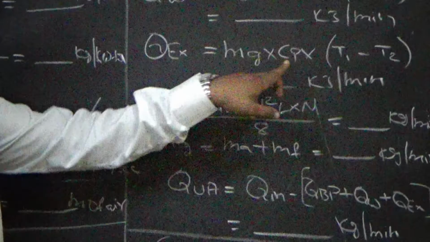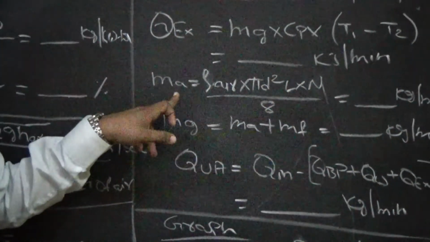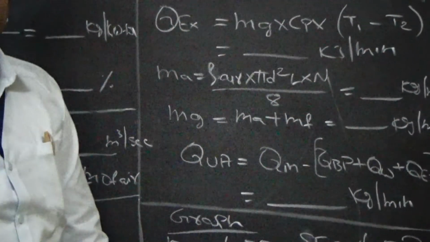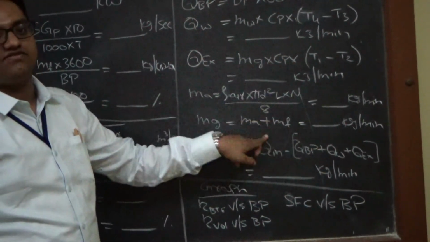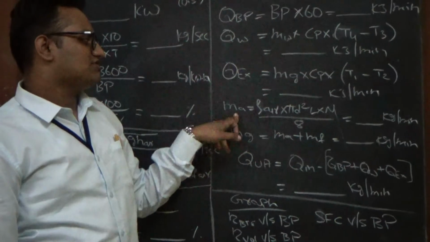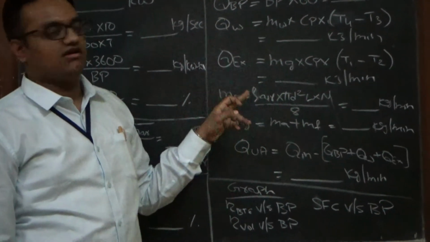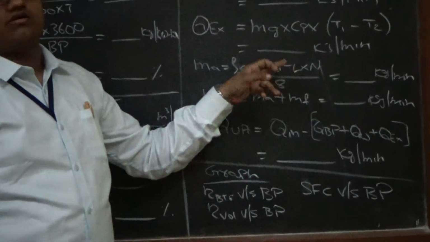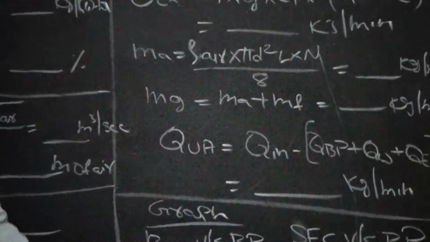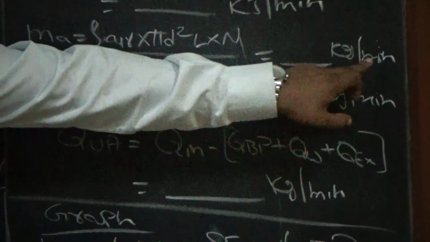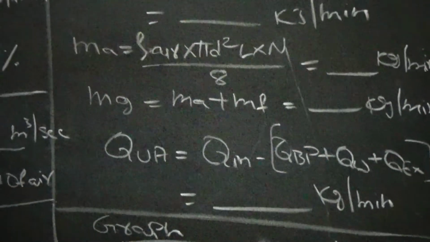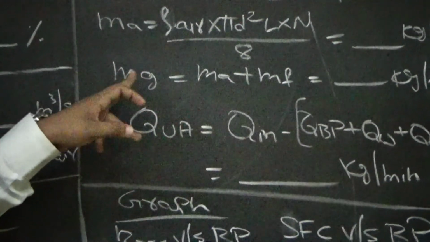Cp of air is very well known to us, whereas mass of gas is to be calculated. Mass of gas is mass of air plus mass of fuel. Mass of air can be calculated using rho pi d square L into N by 8. This will be in kg per minute, and from that we can calculate mg.